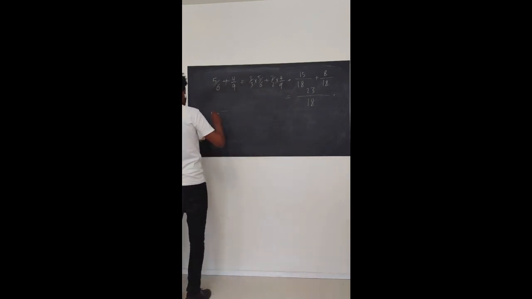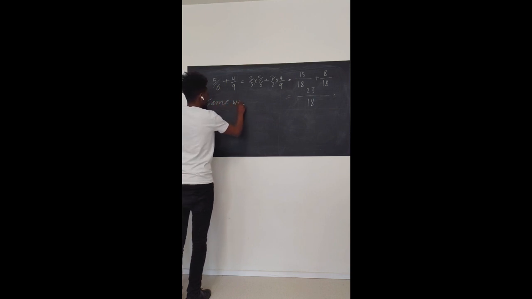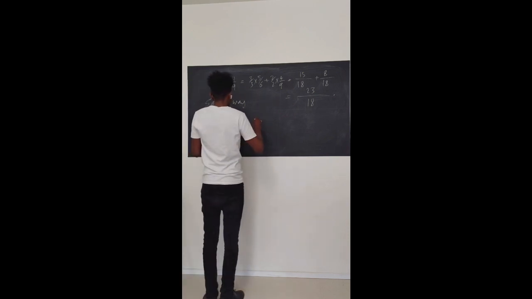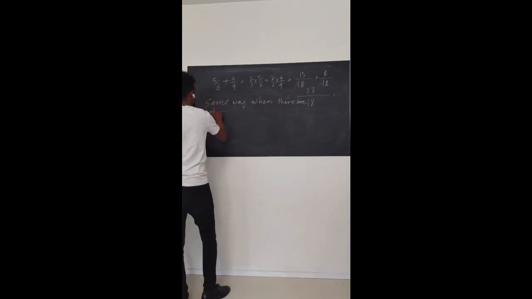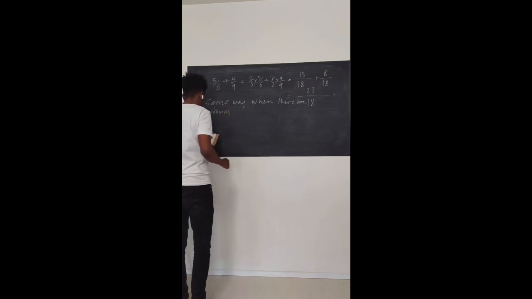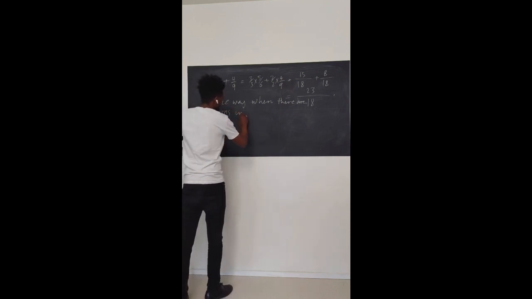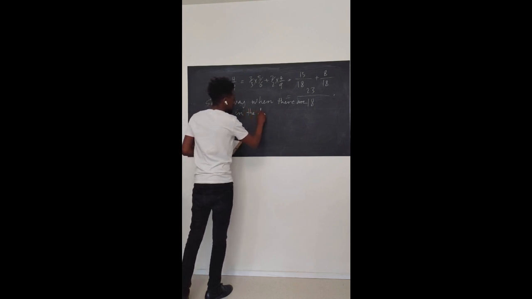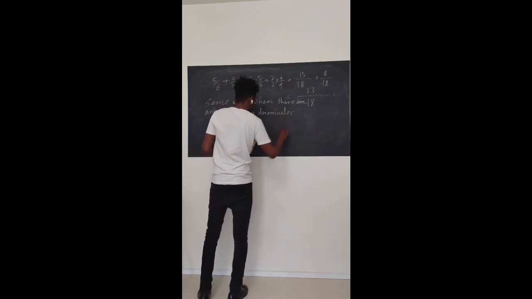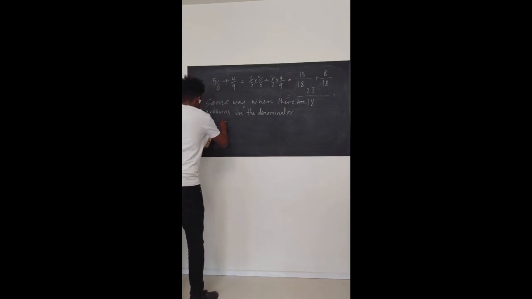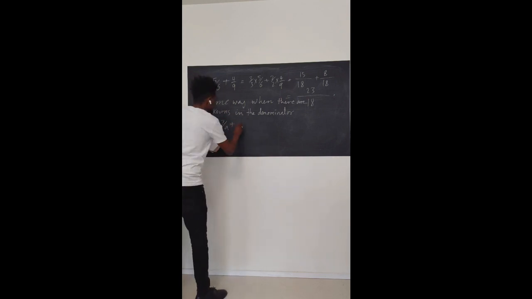Now, the same way, when there are unknowns in the denominator. Example, 2 over a plus 3 over b.